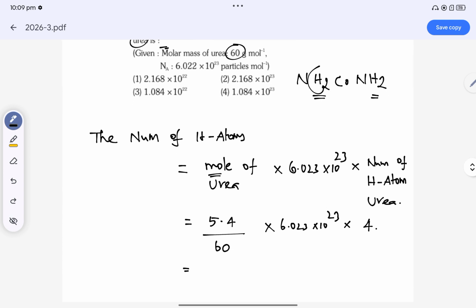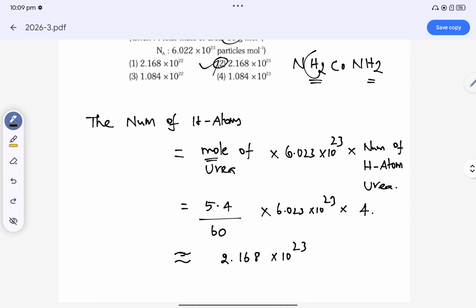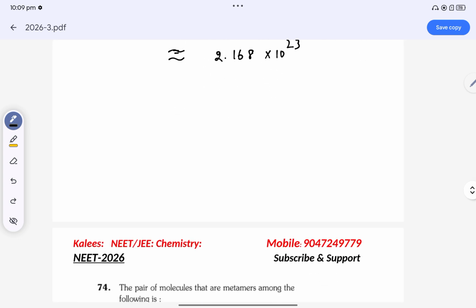When we do the sum, we get approximately 2.168 into 10 to the power 23. Calculating this, option 2 will be the correct answer. Clear? We go to see the third problem.